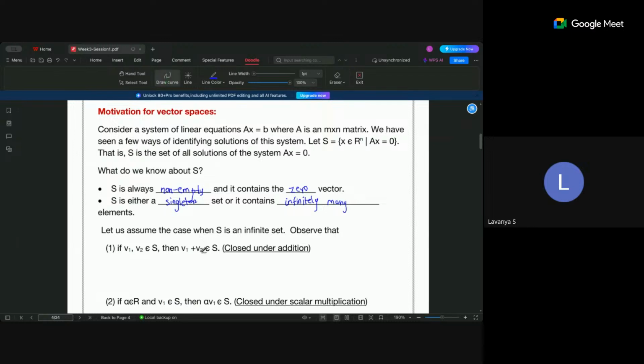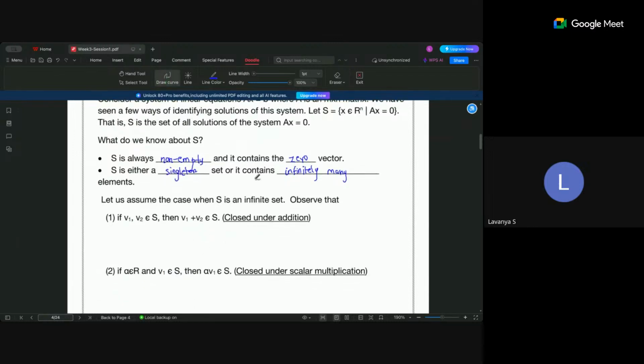Now what more can we observe about S? Let us assume that S is an infinite set. If there are two elements v1 and v2 in S, then is v1 plus v2 in S? v1 in S means Av1 is equal to 0, and v2 in S means Av2 is equal to 0. Now what can we say about v1 plus v2?